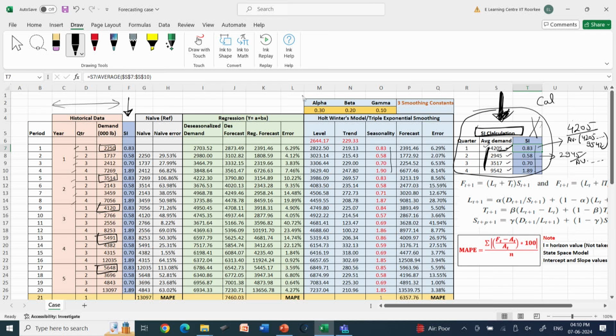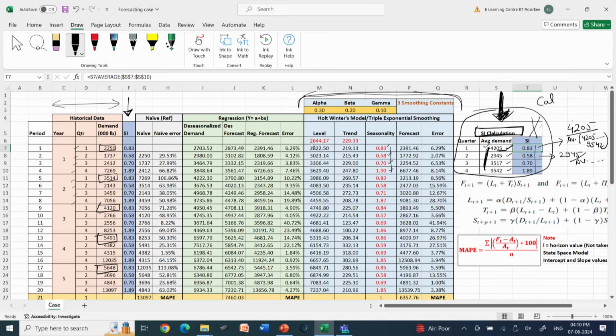Now, our focus is required in this part. Here our seasonal index, which we have directly taken from column T, is 0.83, 0.58, 0.70 and 1.89 or 1.90, for that purpose rounding off has been done.